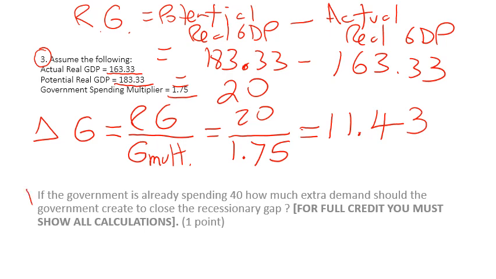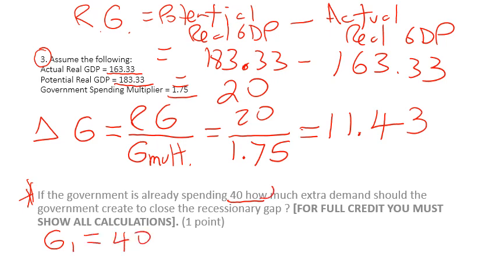So the question reads, if the government is already spending $40 billion, how much extra demand should the government create to close this recessionary gap? Well, G1 is 40, right?